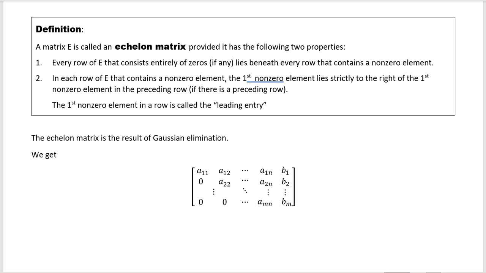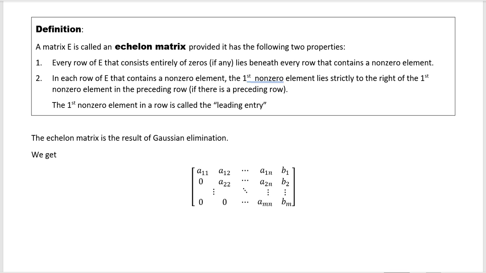Second property, in each row of E that contains a non-zero element, the first non-zero element lies strictly to the right of the first non-zero element in the preceding row, if there is a preceding row.